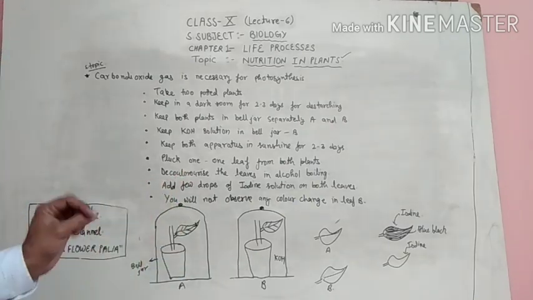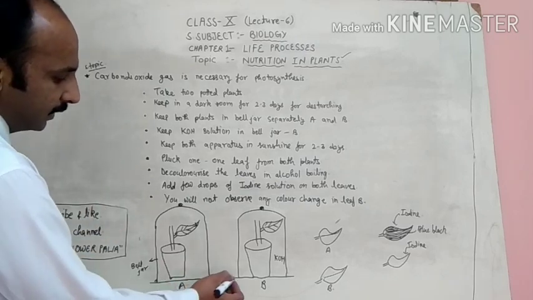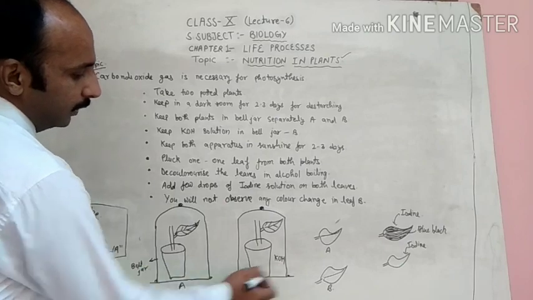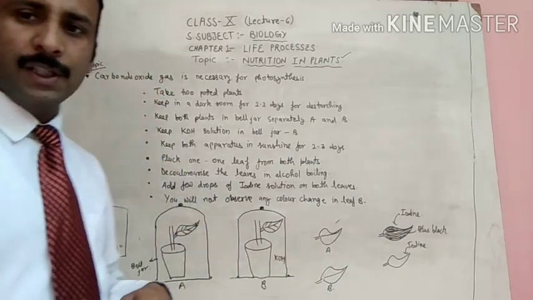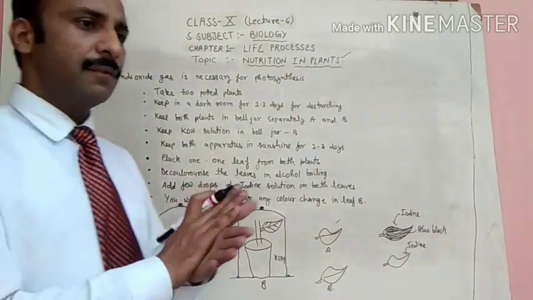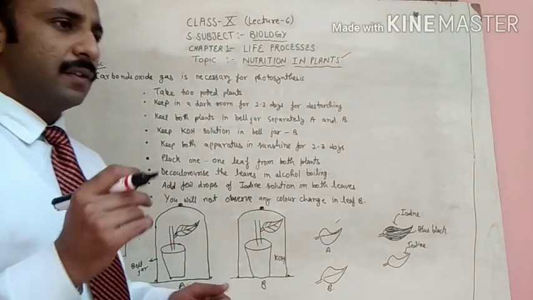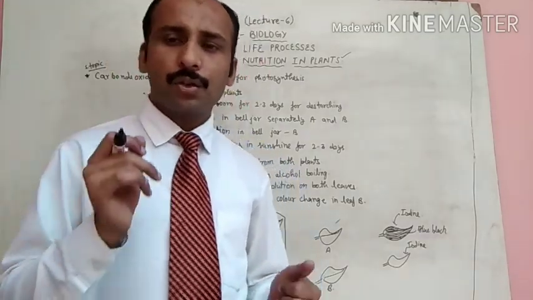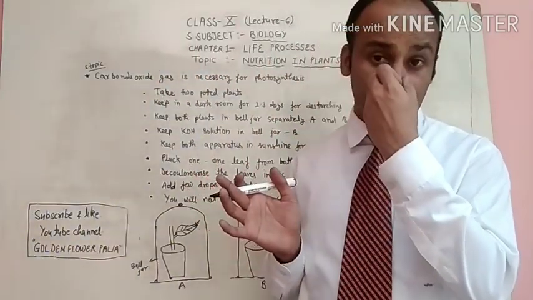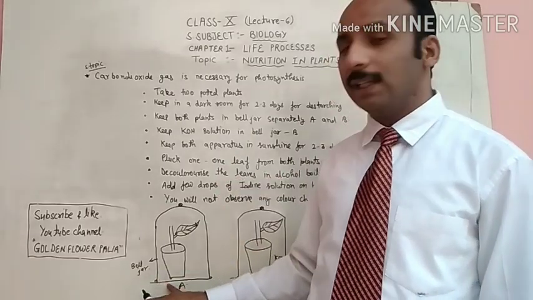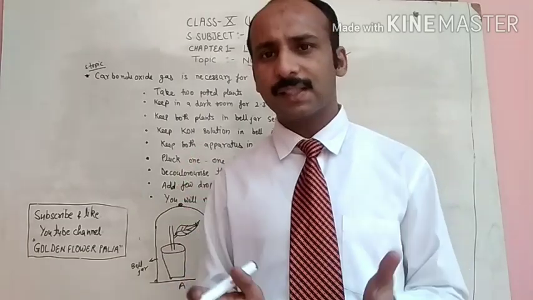Now, the next step is that we have to place Vaseline or grease where the jar is connected to the bottom. We have to insulate these gaps properly with Vaseline or grease, so that the outside air does not go inside the bell jar, because you know very well that carbon dioxide gas is present in the environment.